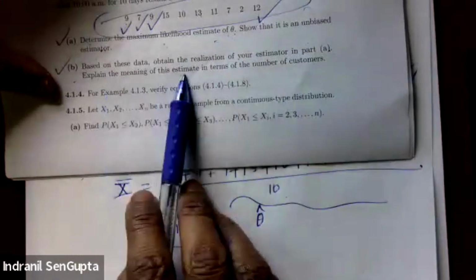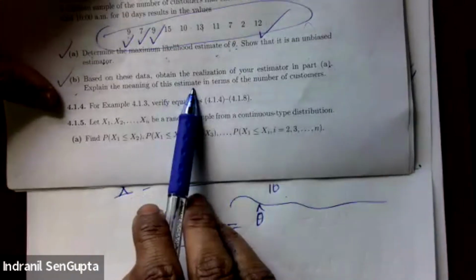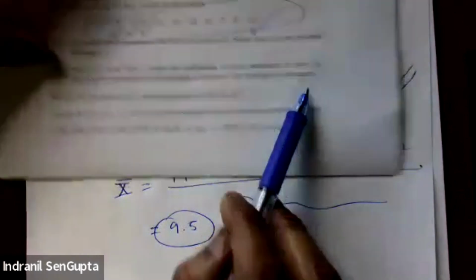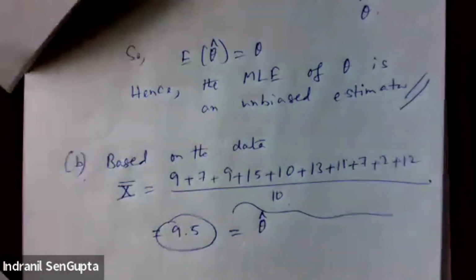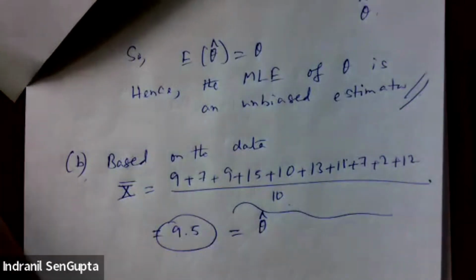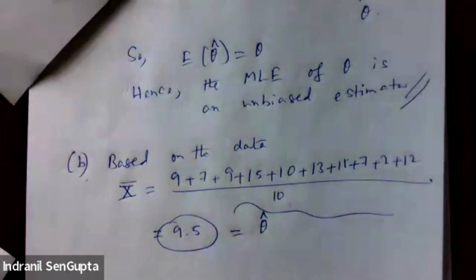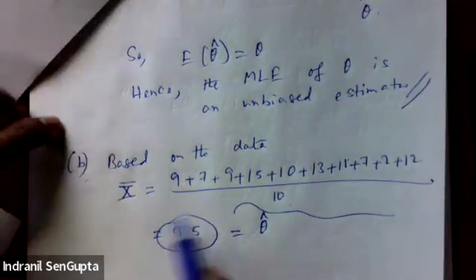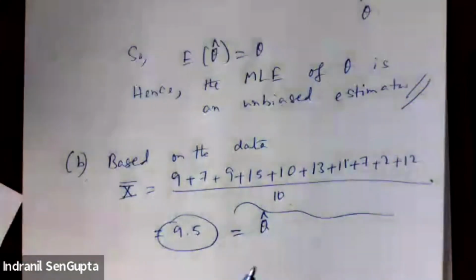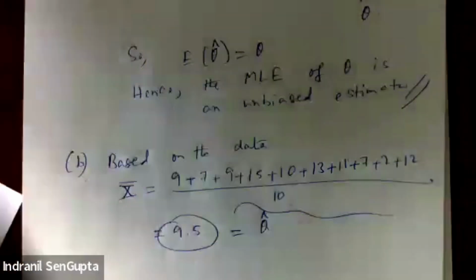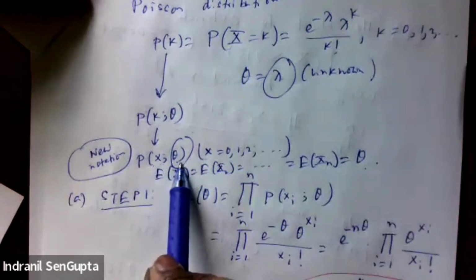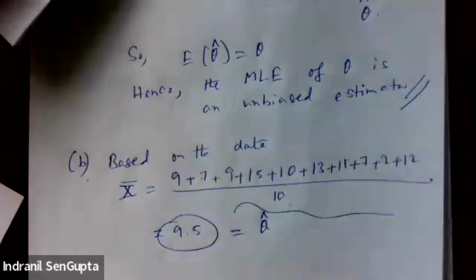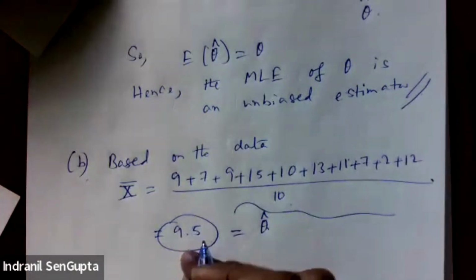Finally, explain the meaning of this estimate in terms of number of customers. So what does it mean? Everything here is telling us something about a statistical quantity. Now, the question is what kind of quantity we are defining by this one. If you recall, what does the number theta say? It says the average number of customers per day. So what we found here is 9.5.